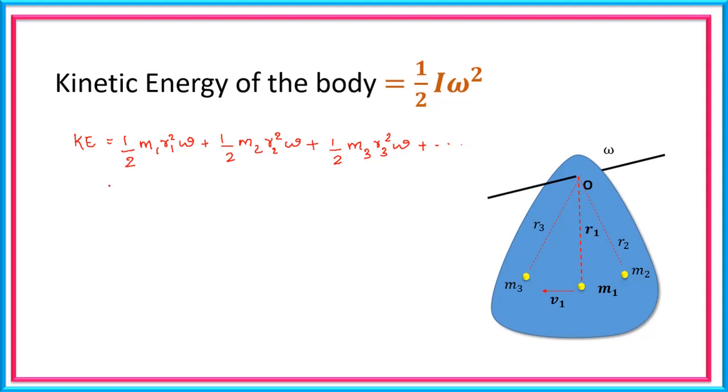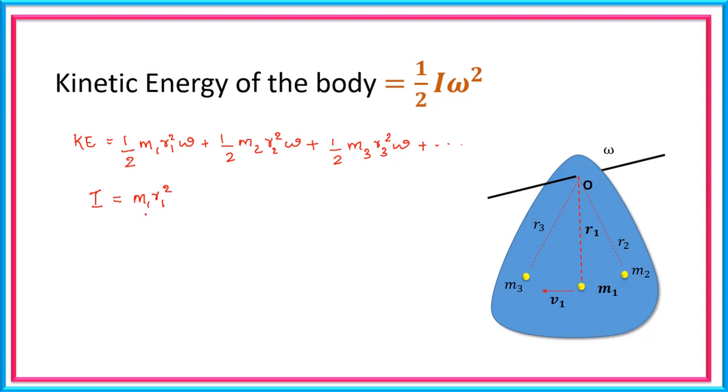I know that the moment of inertia I for a mass m1 at a distance r1 is calculated as m1 r1 square, right?